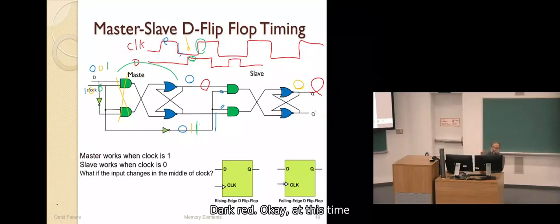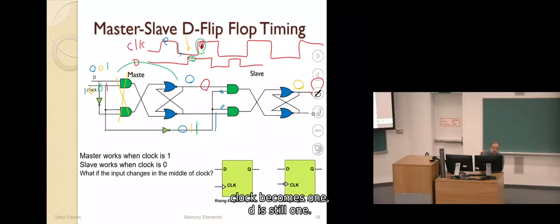At this time, D is 1, and clock becomes 1 here. So clock becomes 1, D is still 1. So the master works, data will appear here. So data became 1. So data appeared here, and the clock now is 0 for the slave, so a slave doesn't do anything. Still there until the clock goes down.